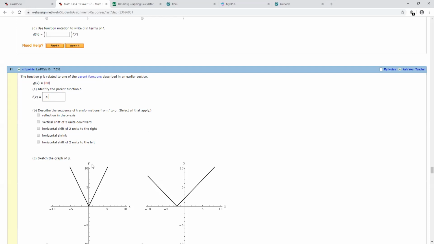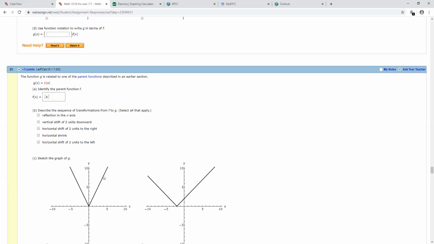It's either horizontally stretching away from the y-axis or shrinking, compressing closer to the y-axis, or the points shrinking or compressing closer to the x-axis or stretching away from the x-axis. That's a vertical dilation, a vertical stretch or a vertical shrink towards the x-axis.